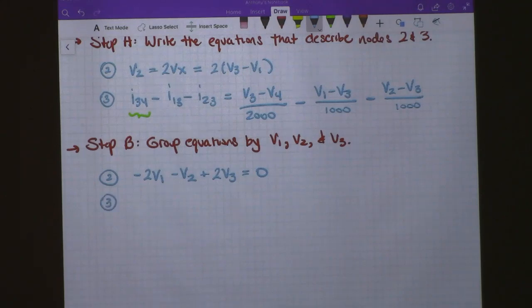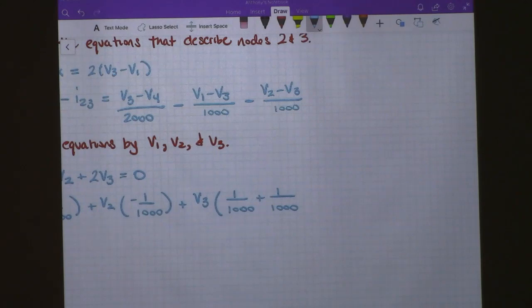Equation 3 will be V1 times negative 1 over 1,000 plus V2 times negative 1 over 1,000 plus V3 times (1 over 1,000 plus 1 over 1,000 plus 1 over 2,000) equals 0.